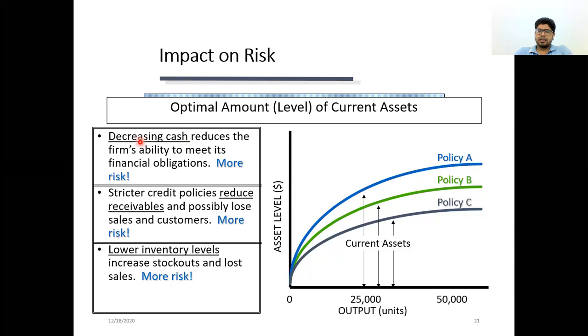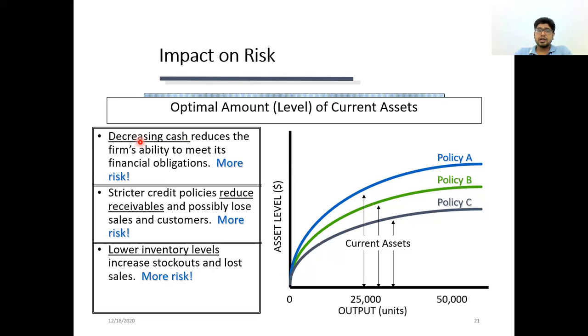Decreasing cash, keeping cash at a minimum level, reduces the firm's ability to meet its financial obligations. More risk. If we have a low amount of cash in our hand, we are unable to settle our creditors.